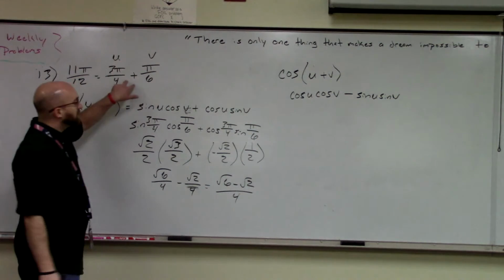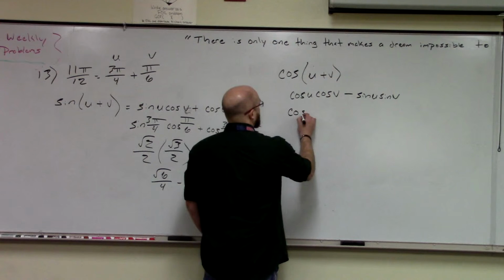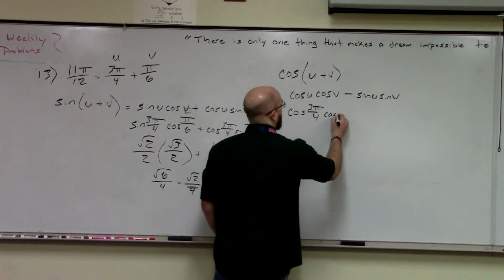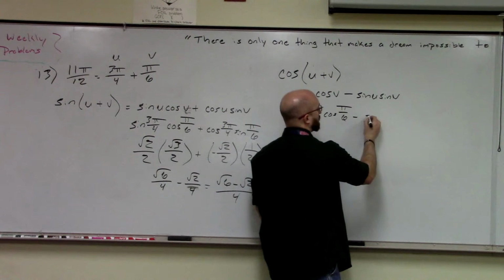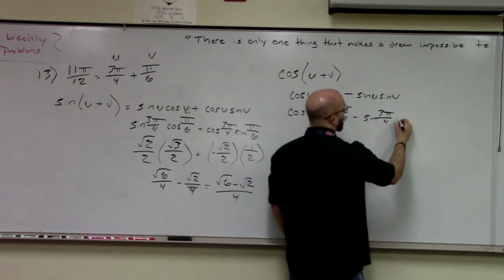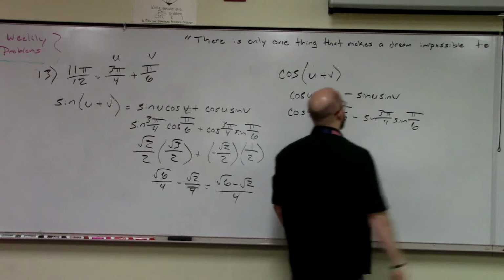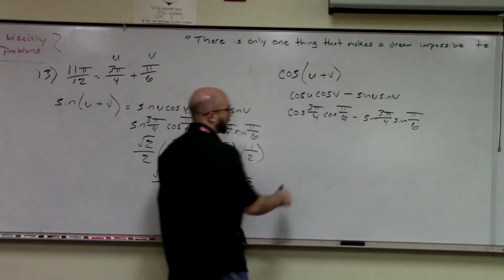Again, we're using these exact same values over here. So cosine 3 pi over 4, cosine pi over 6, minus sine 3 pi over 4, sine pi over 6. Again, we already have those values because they're on the unit circle. So, plug in what we have.